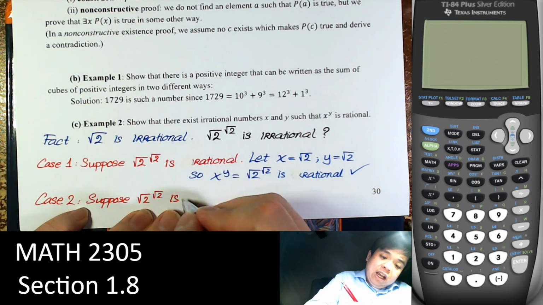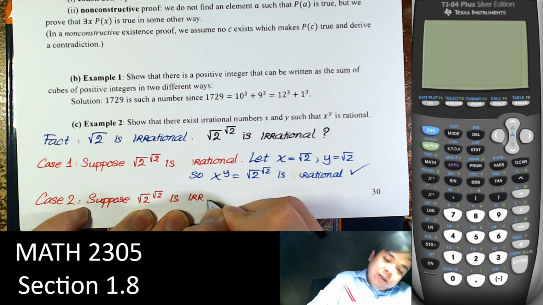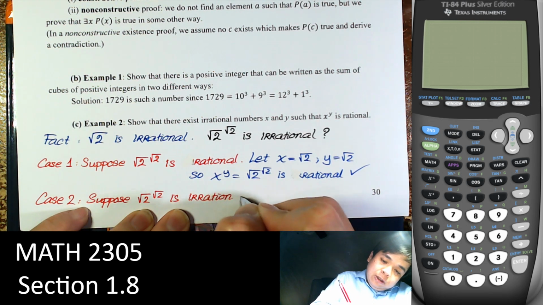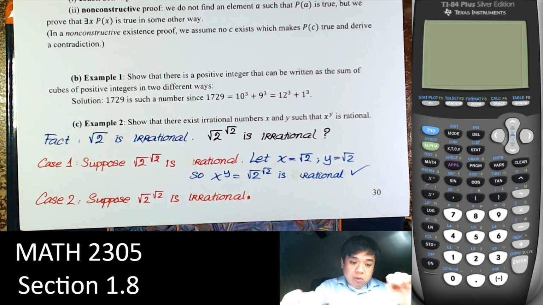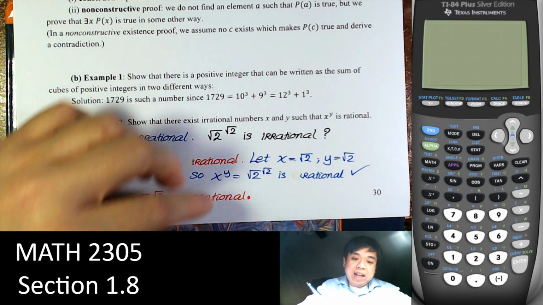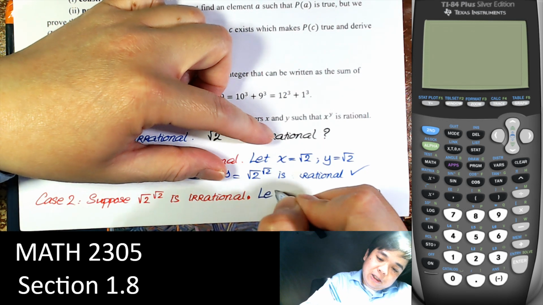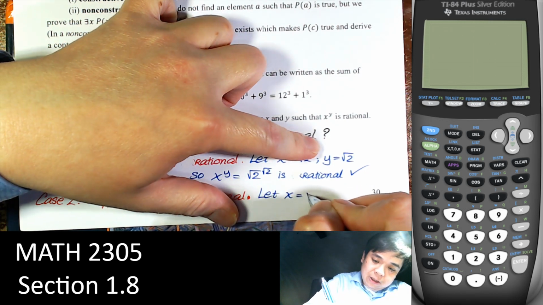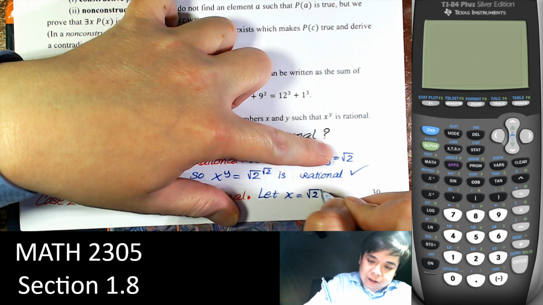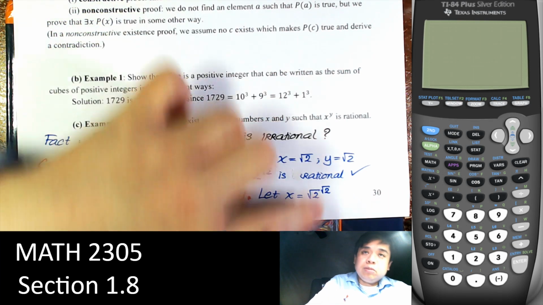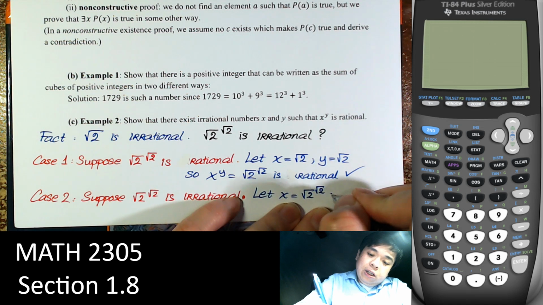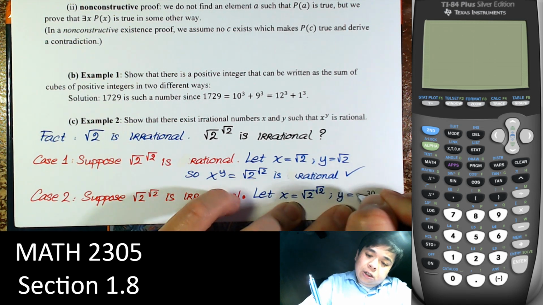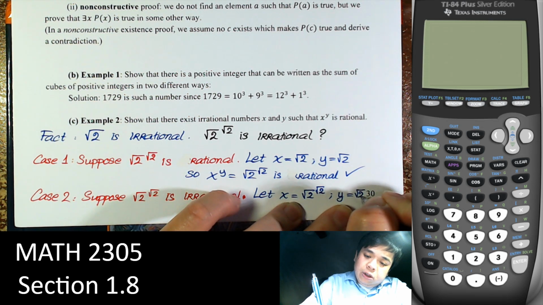Now, if it is an irrational number, so let x be that. And then we choose y to be the square root of 2.